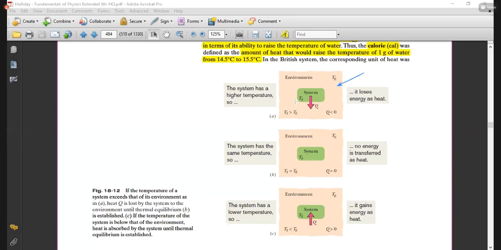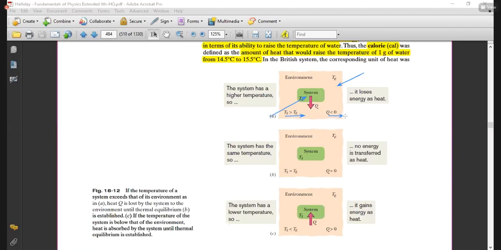This green color is the system. ठीक है, so in this case the temperature of the system is higher than the temperature of the environment. He has mentioned this one. So in this scenario, heat will be transferred from the system to the environment. So heat will be negative. Okay, Q less than 0 means that it is negative.